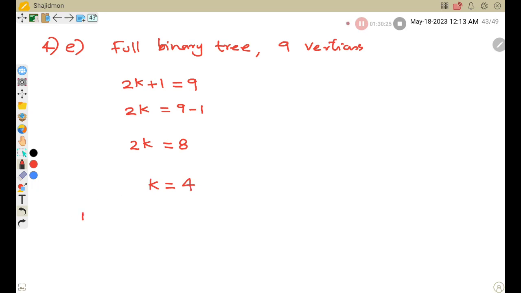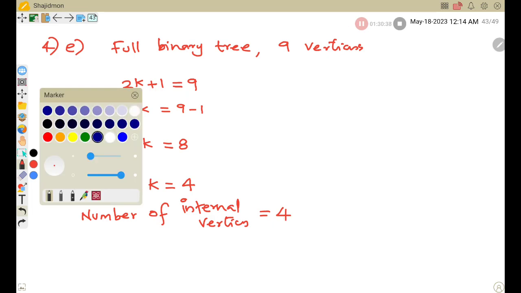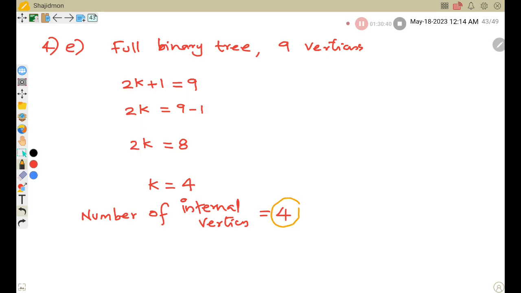K means the number of internal vertices, equal to 4. So we got the number of internal vertices as 4. Total vertices is 9.